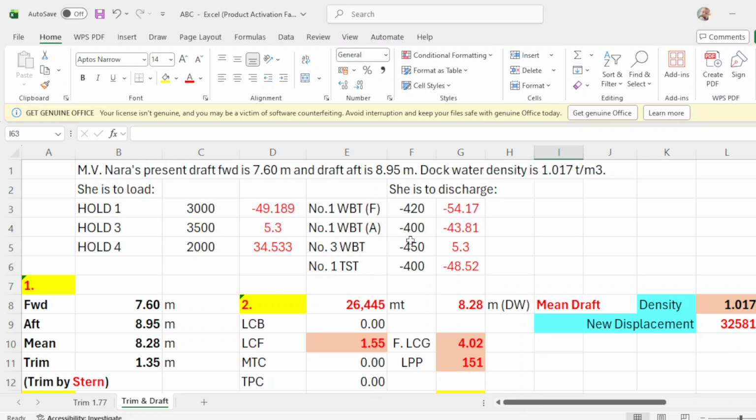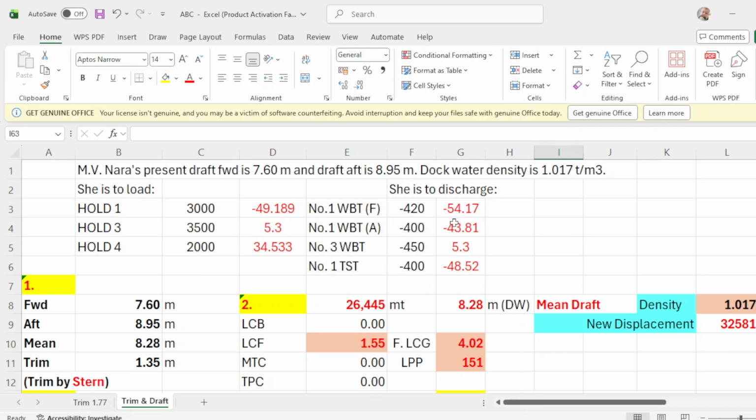Now in the ballast, when you say your LCG is negative, that will be in the forward part of the vessel. So look, negative, you have more ballast or weight of ballast in the forward to be discharged. If you take out ballast in the forward part, which is number 1 TST, the tendency of the forward part will rise up, and this will go down, meaning you will have a trim by the stern.